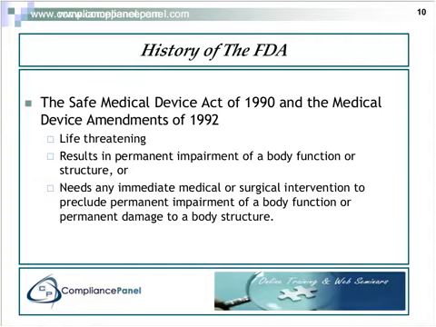So there's a difference between what the FDA has for a definition of a medical device and what the EU has. Some examples of medical devices are simple things such as catheters and syringes, all the way up to implantable defibrillators, hospital beds, radiology equipment, those types of things.